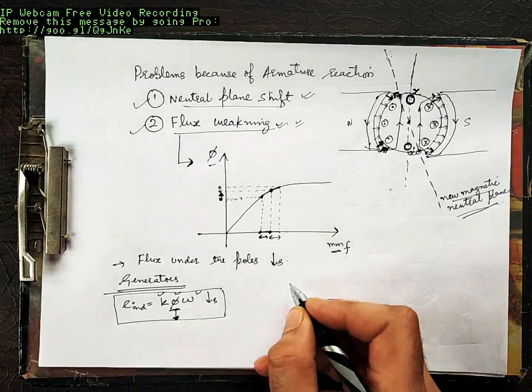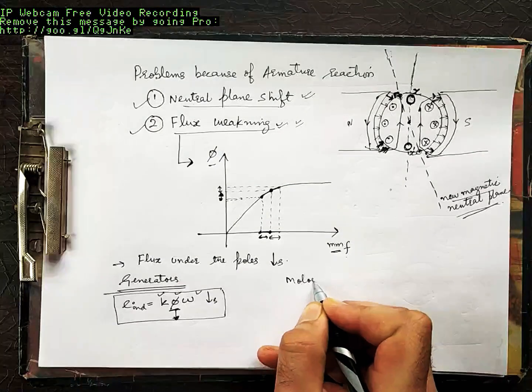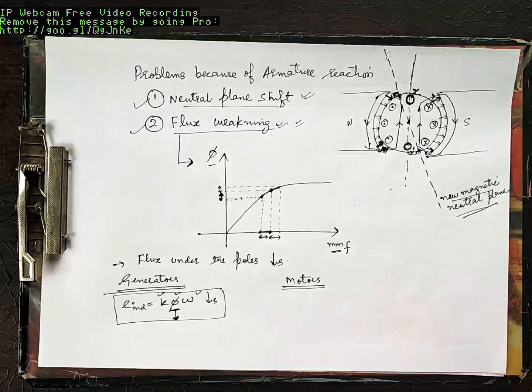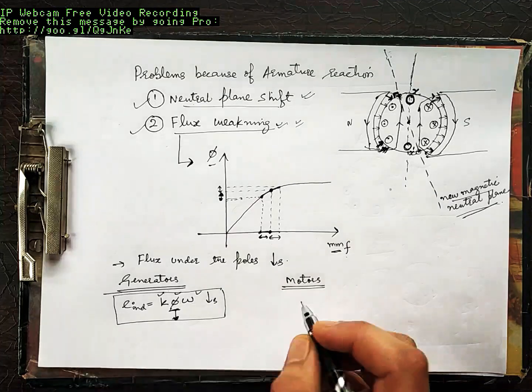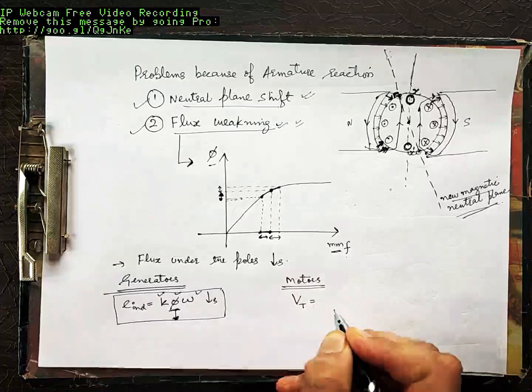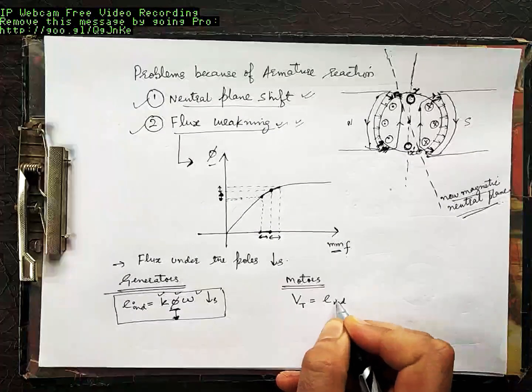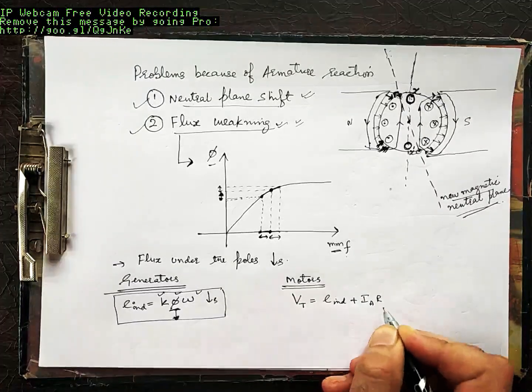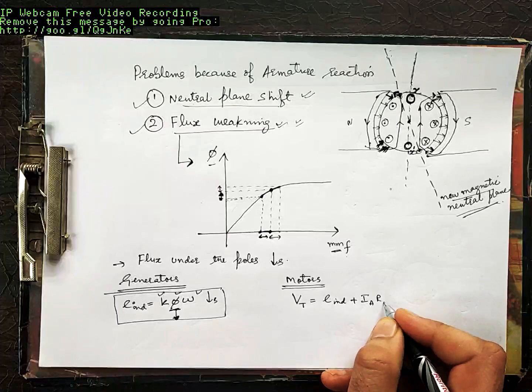What about motors? They tend to have a more serious problem than generators. Do you remember, for motors we have this equation: Vt, the terminal voltage, is equal to E induced plus IA, the armature current, into RA, the resistance.